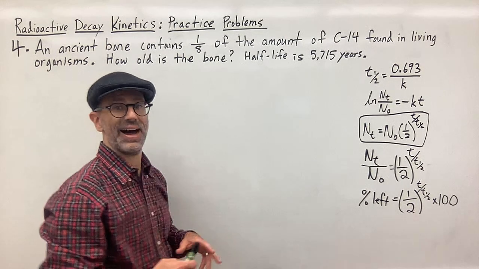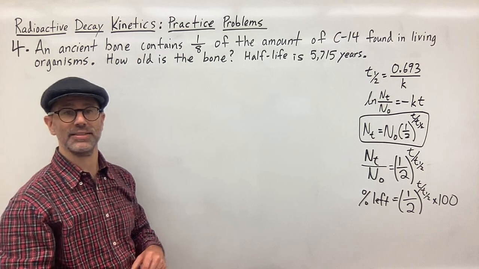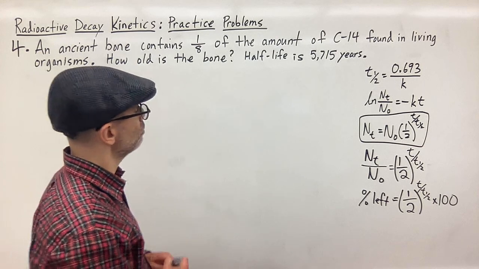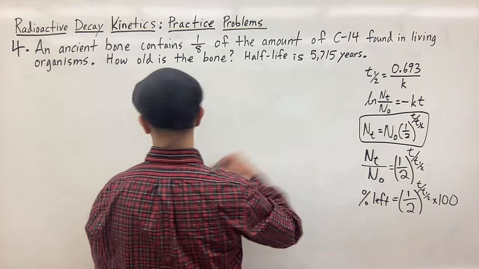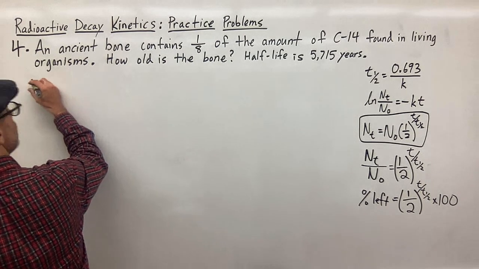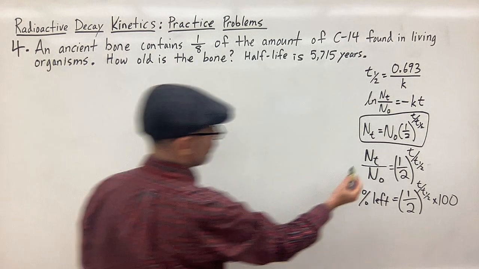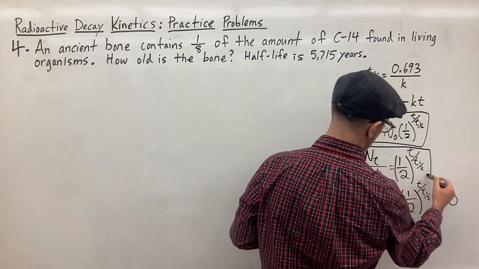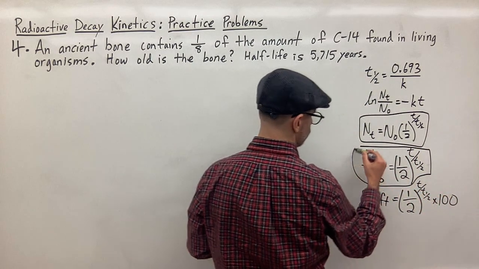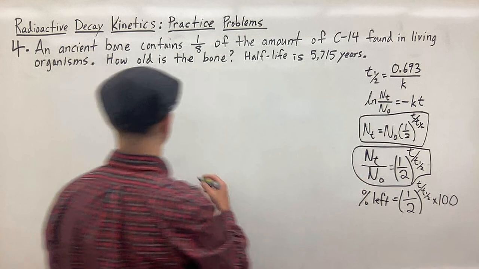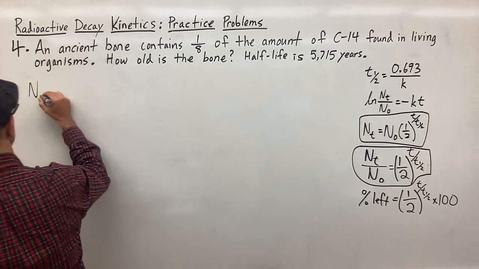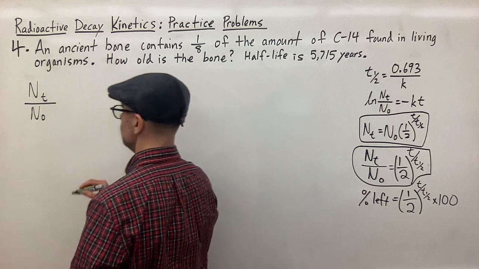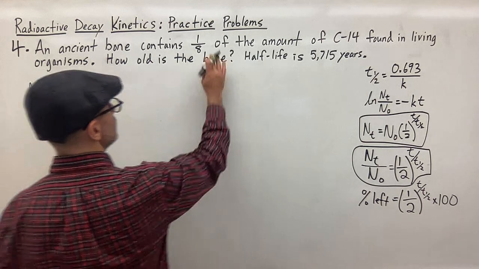So basically, how much time has passed since this animal has died? That would be your t. So we could use this equation here. This would be the most useful equation to use because they're giving us the fractional amount, N t over N naught, and they're telling us that that's 1/8.